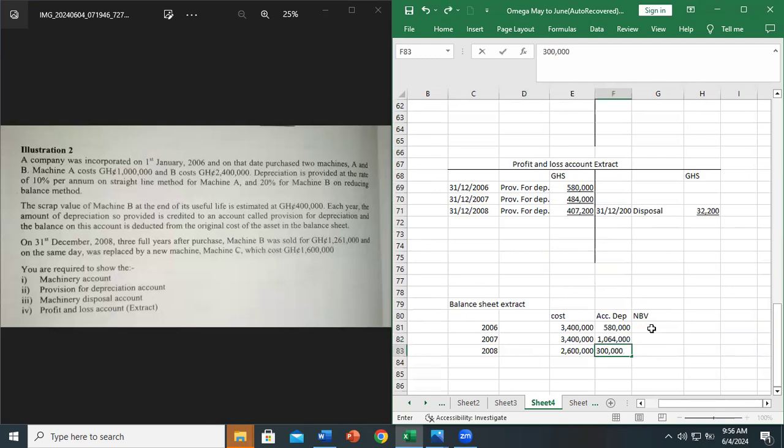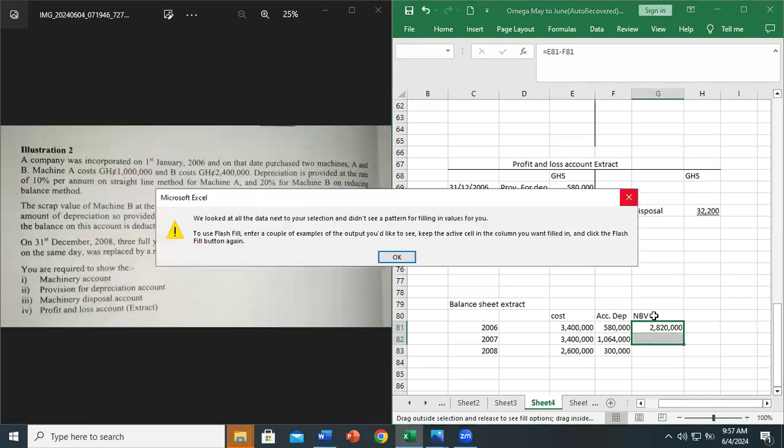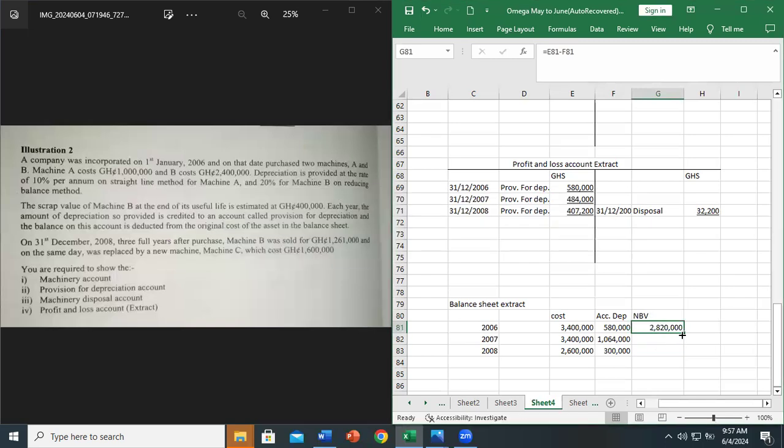Good. So to get the net book value, just less the depreciation from the cost in that order, and you are done with your balance sheet extract. Good. So that's all. Any question?